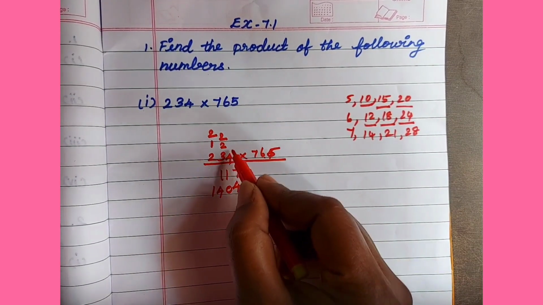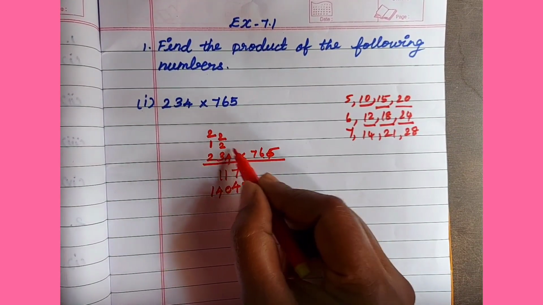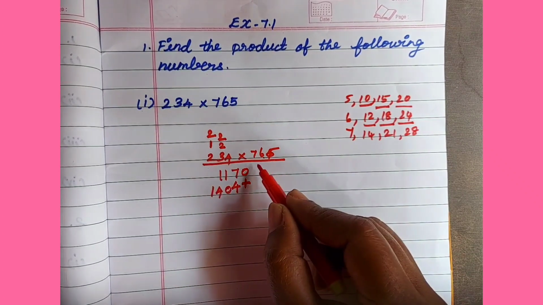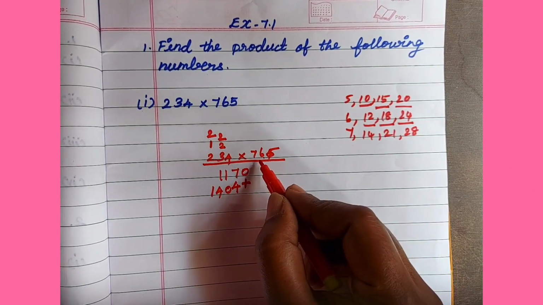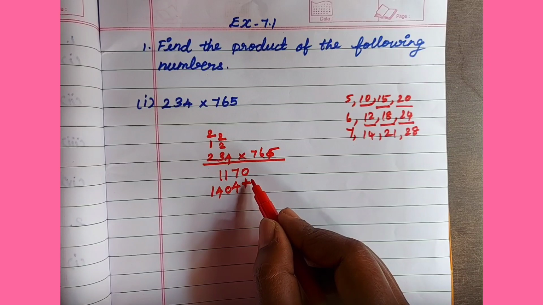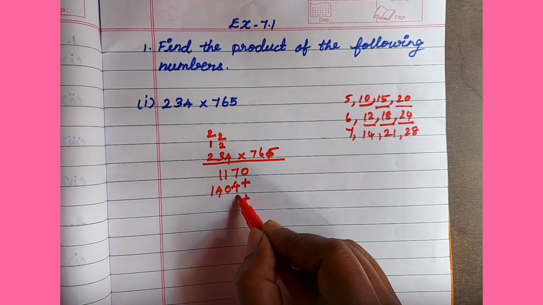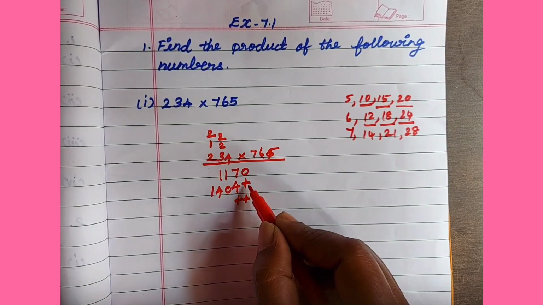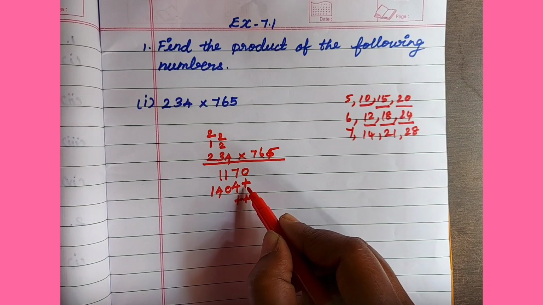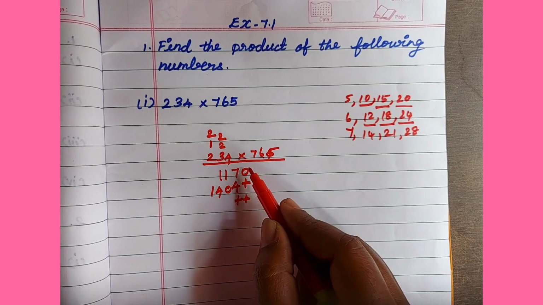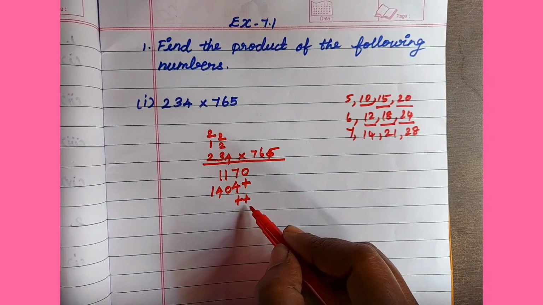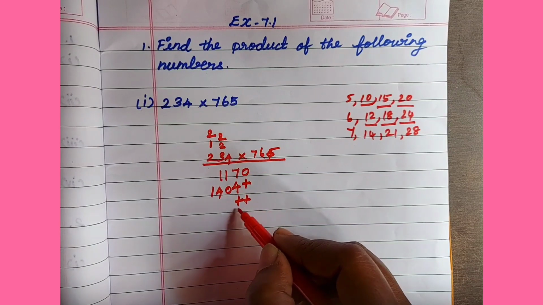So the 6 table is finished. For the next number we multiply, put another plus symbol. Each time we multiply another number, we put a plus symbol first.